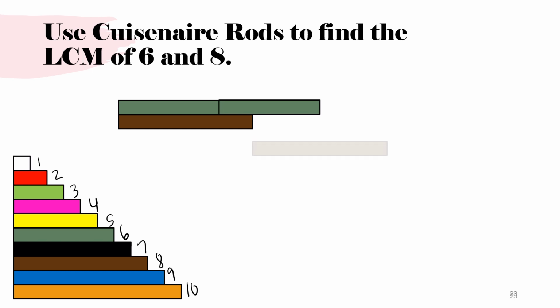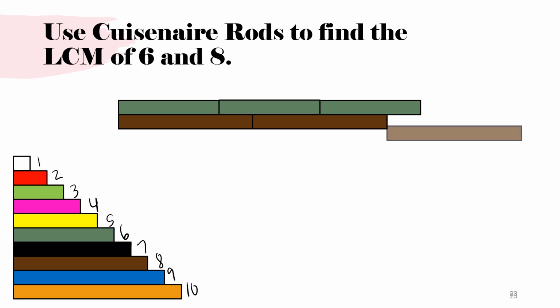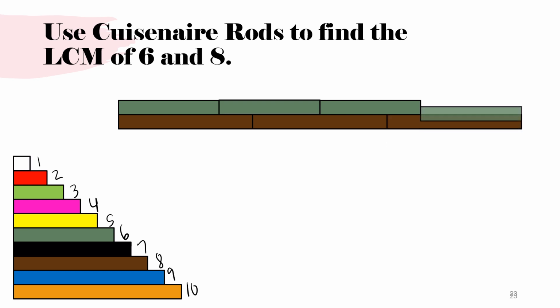Alright, so we add another green, then add another brown, add another green, add another brown, add another green, and we've reached the same length. Now you just want to add up the rods and figure out what length they now have.